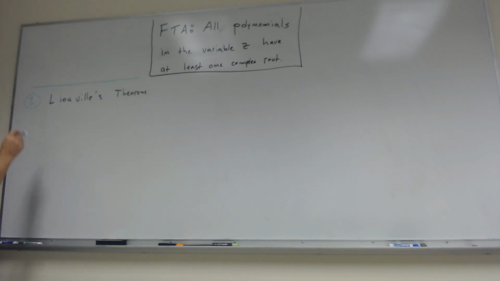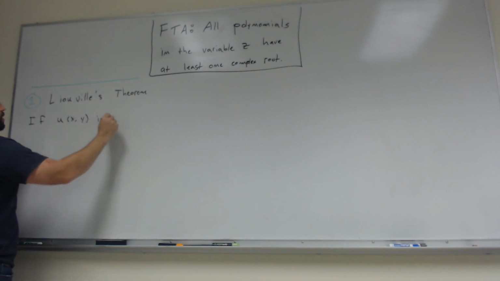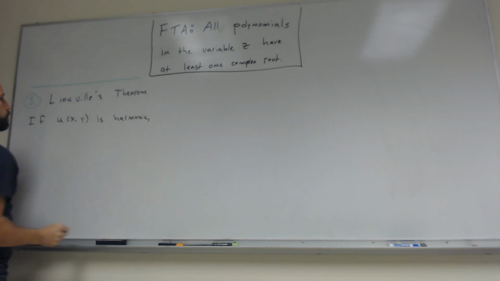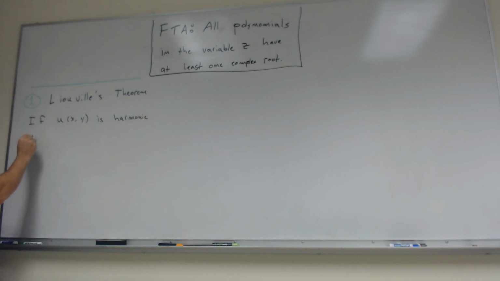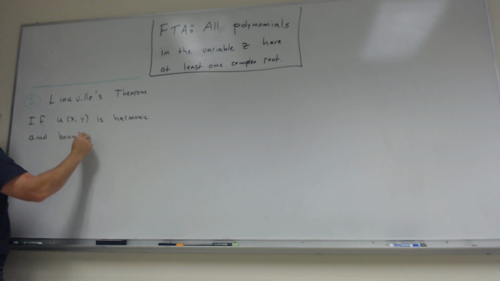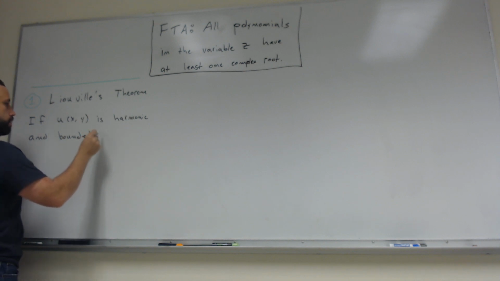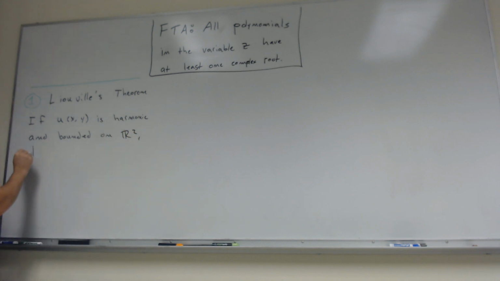So what does that say? This says that if u of x, y is harmonic and bounded on R2, then u is constant.